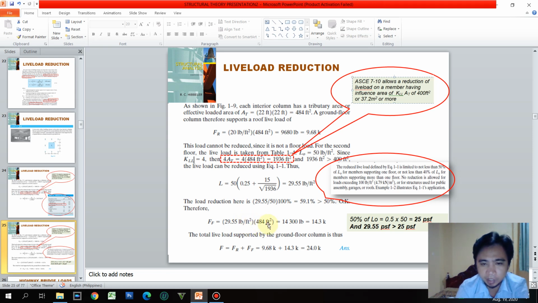Multiply it by the tributary area, then we come up with 14,300 pounds, or that is equivalent to 14.3 kips, because 1 kip is 1,000 pounds. So we now sum up the roof force as well as the floor force. All in all, we have 24 kips. So this is the answer.